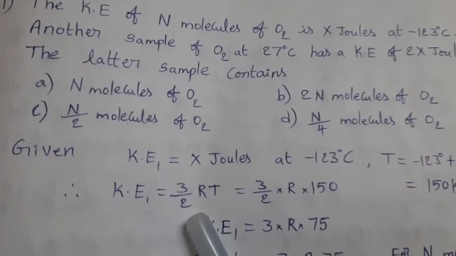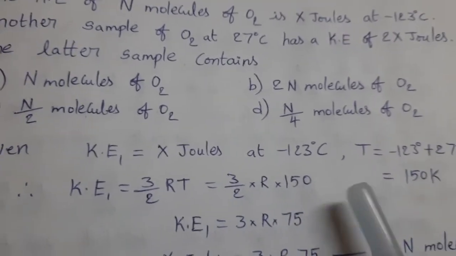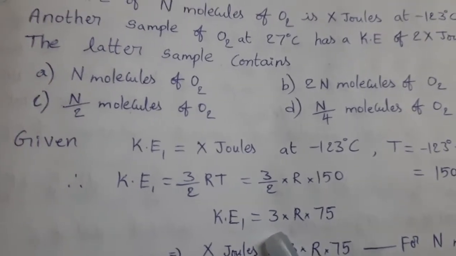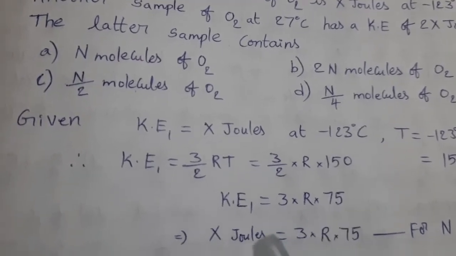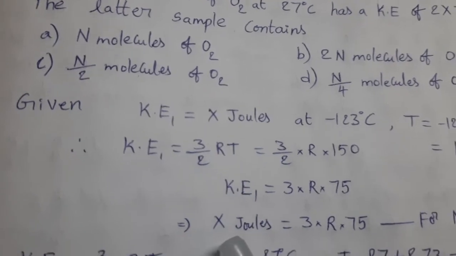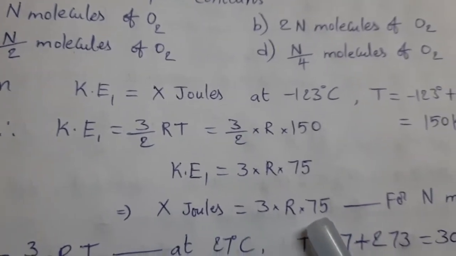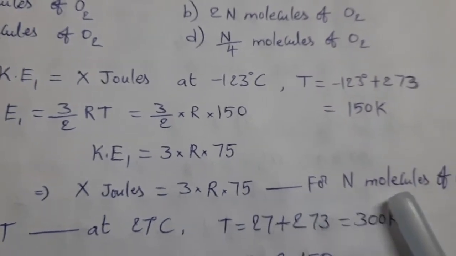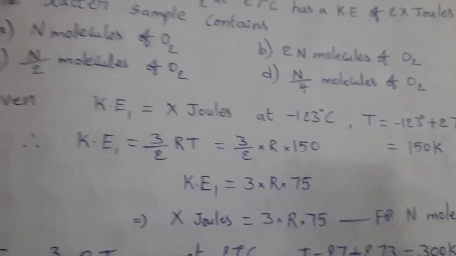Substitute, then we get Ke1 equal to 3 into R into 75. So Ke1 means x joules, so x joules equal to 3 into R into 75 for n molecules of O2. It is given in the question.